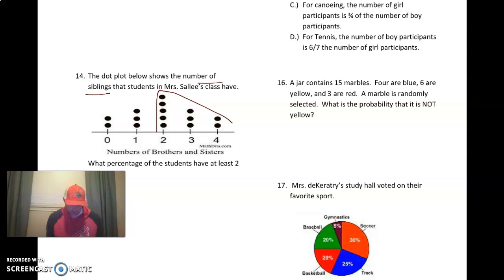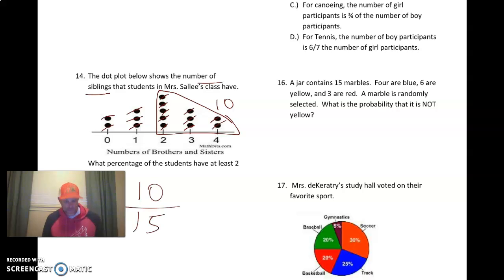So that is right here, and that is 1, 2, 3, 4, 5, 6, 7, 8, 9, 10. There are 10 that have at least 2, out of 11, 12, 13, 14, 15. Out of 15. 10 out of 15. Let's simplify that by dividing by 5, and that is 2/3.